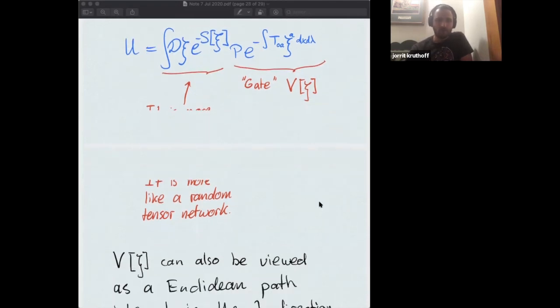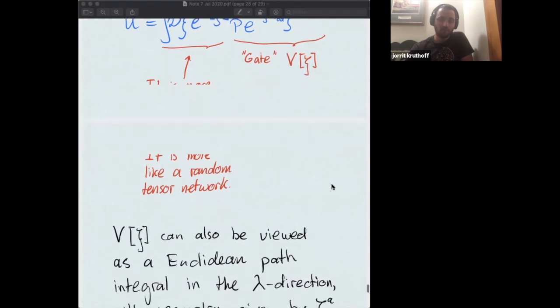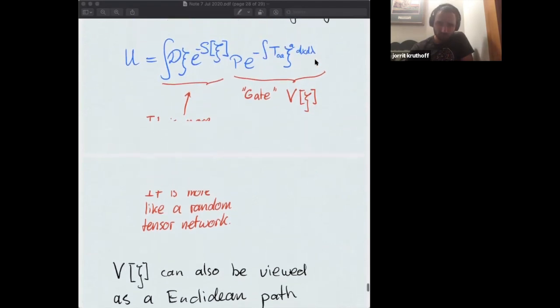Right, and now one thing we're trying to work out right now is this gate V, this path-ordered exponential right here. This can be viewed as a Euclidean path integral, actually in the lambda direction. Now this goes a little bit to the holographic interpretation.